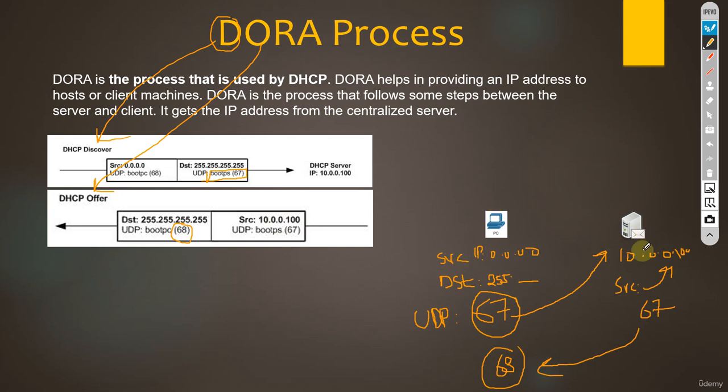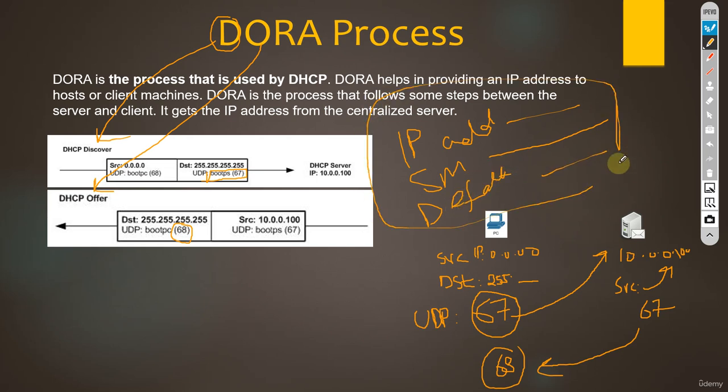So the server will then reply back with an offer, and the offer will have some kind of information like IP address, subnet mask, default gateway. This kind of package will be sent back to the client machine.